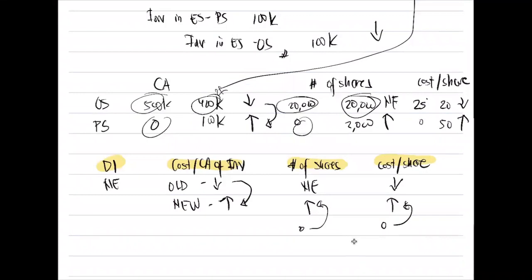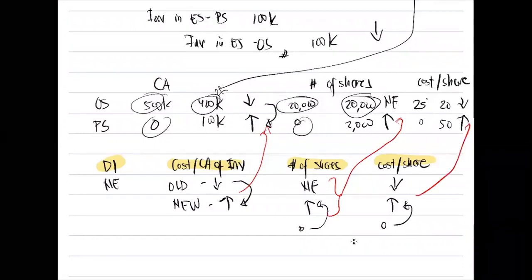And as to the carrying amount of the investment, on your old, it will decrease. On your new, it will increase. Next, as to number of shares, as to your old, no effect. As to your new, increase. And as to cost per share, as to your old, decrease. As to your new, increase.